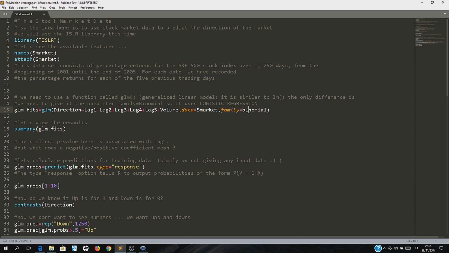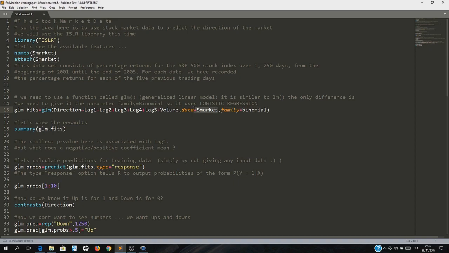You can guess from the word what it means: we're going to have two classes to predict. The binomial family has something to do with mathematics, but we don't care about the mathematics that much. We care about applying machine learning and moving forward without any complications.